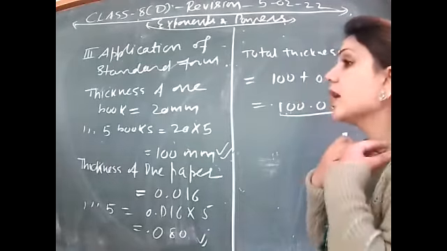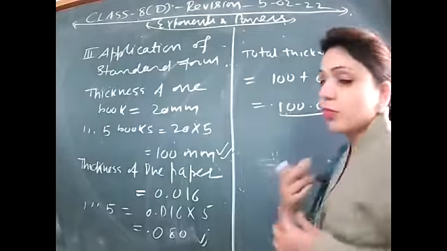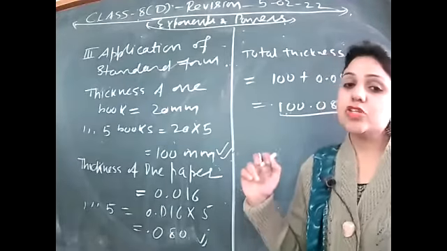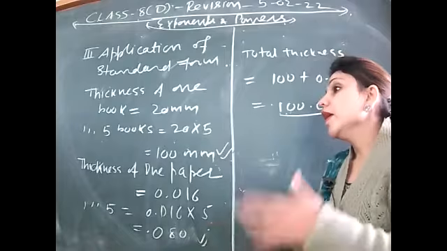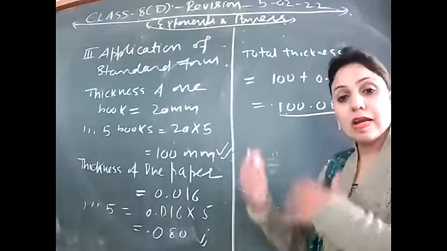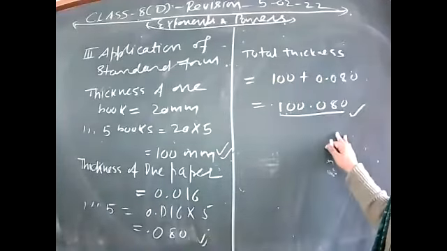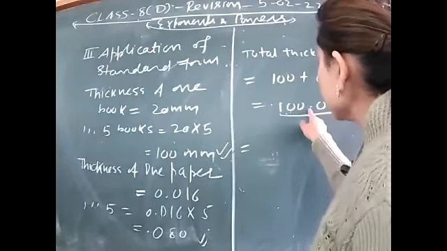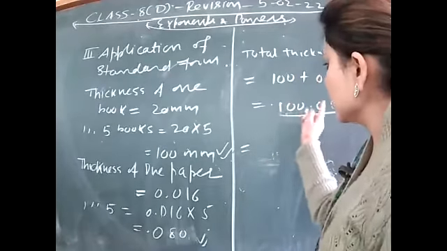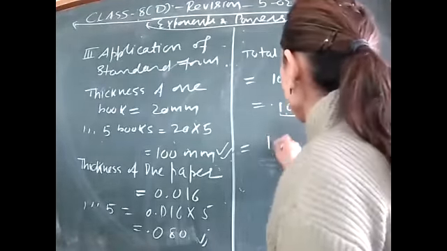Whatever sum you get, like here your sum is 100.080, the question can say also convert the answer in the standard form. So you know how to convert into the standard form. We have to shift the decimal this time towards the left. How many places? 2 places.